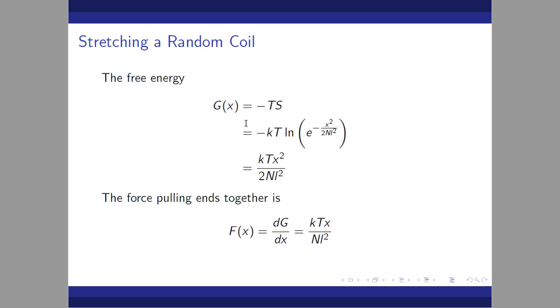So we can calculate the free energy using the Boltzmann constant, temperature, the position, the length, and the number of monomers. The force pulling the ends together is F(x) equals dG over dx, equal to kT x over n L squared. These are the forces pulling the ends together.